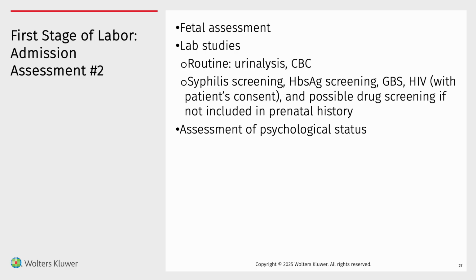Next, review and order necessary labs, such as urinalysis to check for infection and dehydration, and a CBC to assess for anemia and infection. Screening tests include syphilis, hepatitis B surface antigen, and group B streptococcus status, which are critical for preventing neonatal infection.